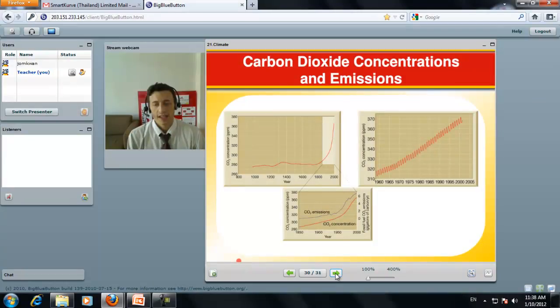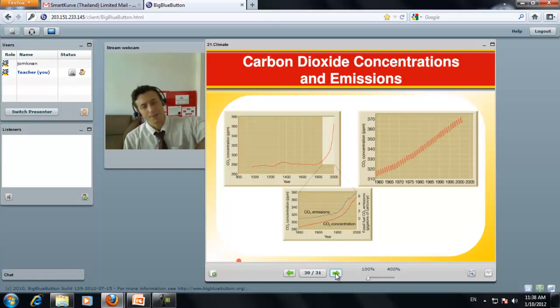We can see an illustration of this on slide 30. That first picture in the upper right shows us the concentration of carbon dioxide in the atmosphere. Notice that from the year about 1000 to the year 1800, the concentration is pretty flat.